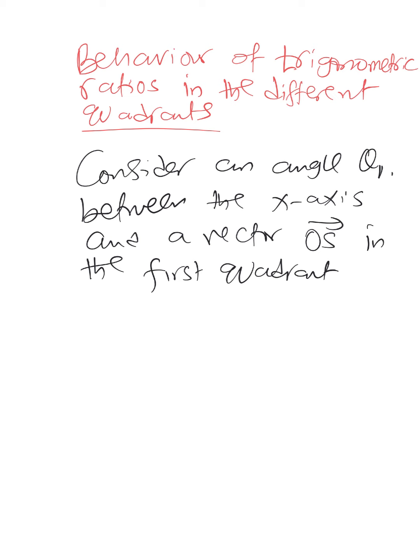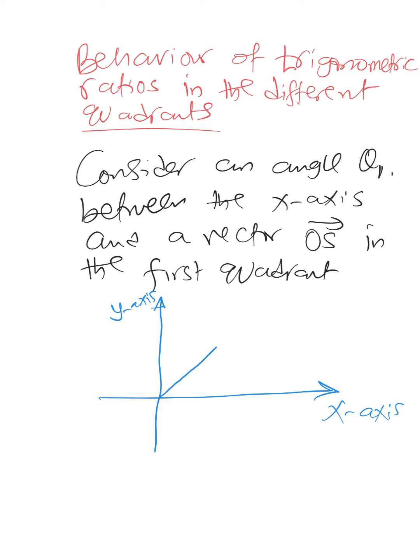We have the coordinate system here. This is the x-axis, and this is the positive y-axis. Now, we want to draw a line from the origin, of some length r, and we call this point S.